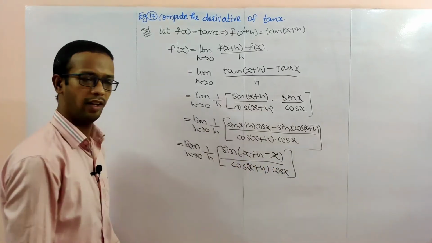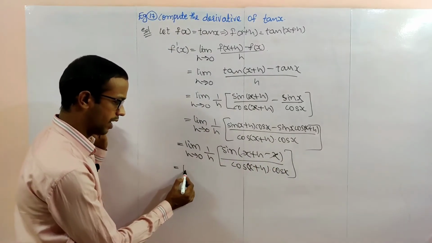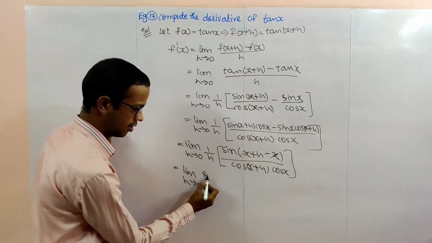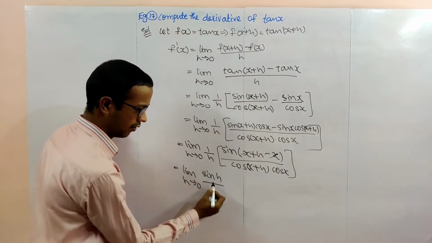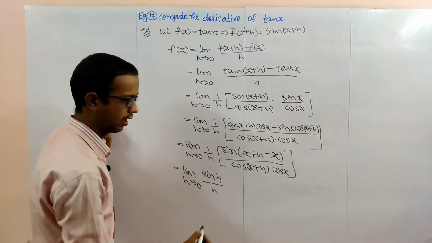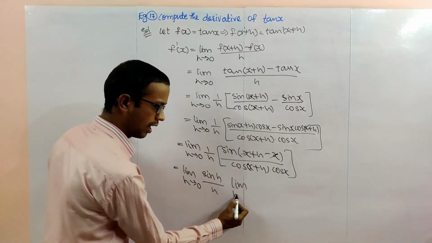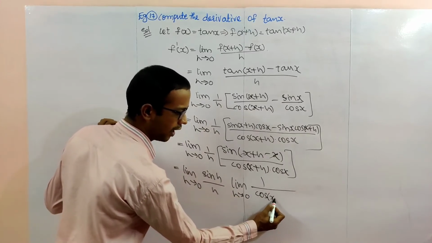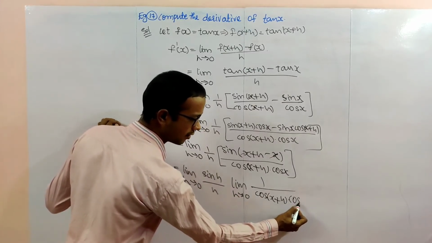Here plus x minus x cancel. Now make the separation of limit. Limit h tends to 0 of sin h divided by h, this h I am writing. Next, the remaining limit h tends to 0 of 1 by cos of x plus h into cos x.